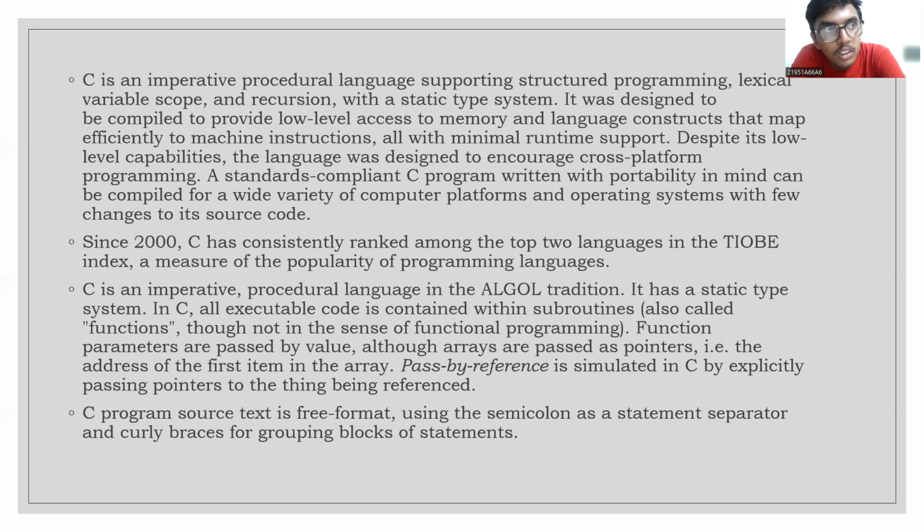Since 2000, C has consistently ranked among the top two languages in the TIOBE index, a measure of the popularity of programming languages. C is an imperative procedural language in the ALGOL tradition.